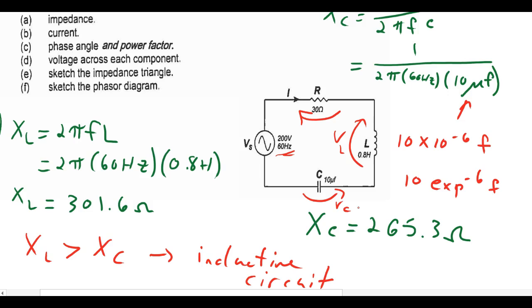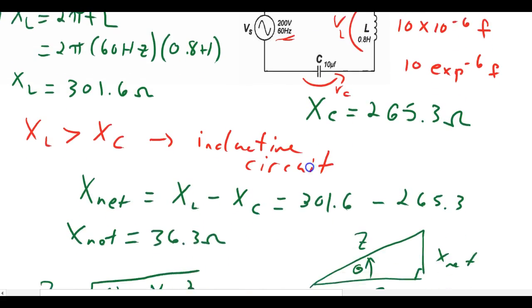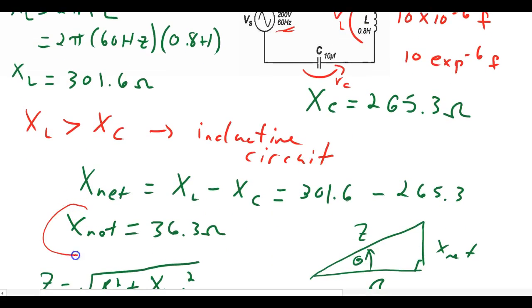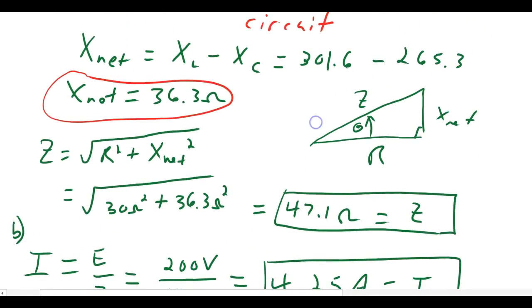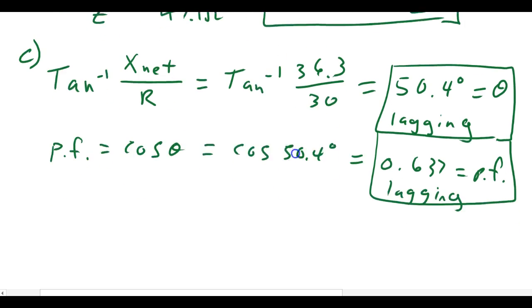Sometimes it might be acceptable to use the net reactance here to calculate V net, but remember, in this case we have been asked to calculate the voltage across each component, so we should do it for all three components.